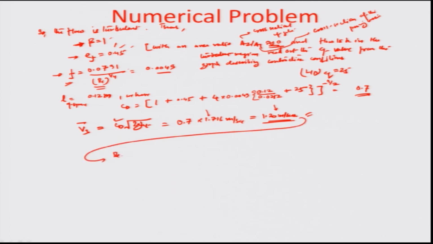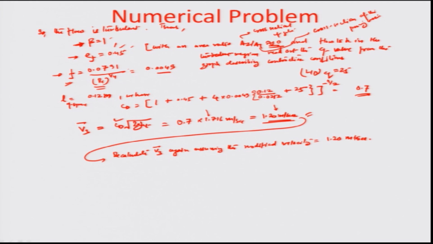Let us now recalculate with this velocity to iteratively see what is going to be the change because of this change in the velocity due to frictional effects. So, recalculate V3 dash again, assuming the modified velocity of 1.20 meters per second.